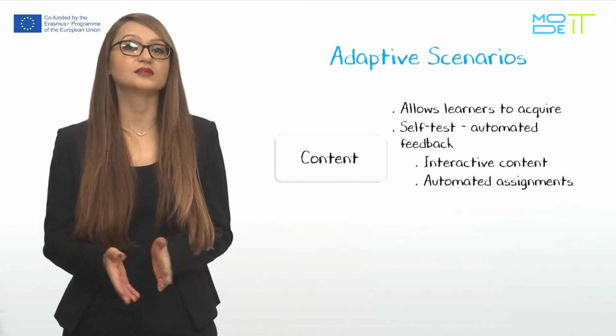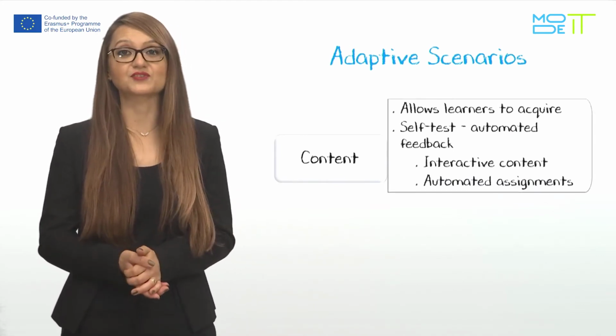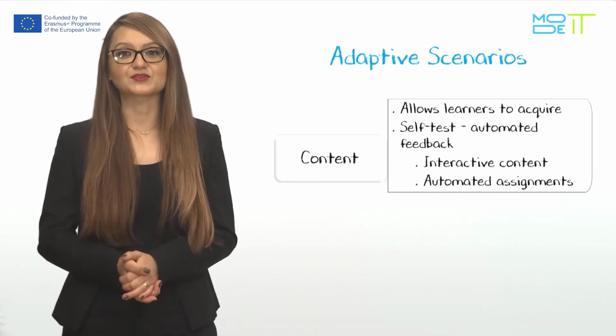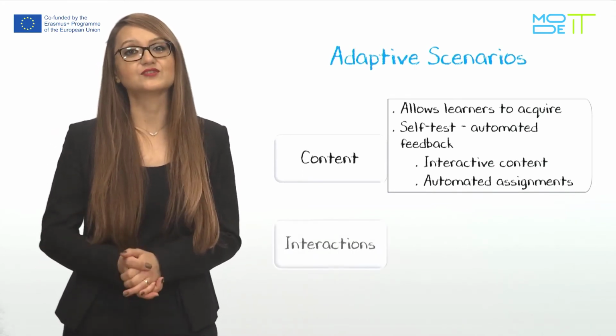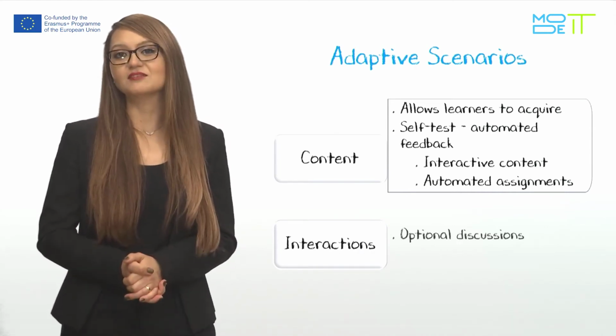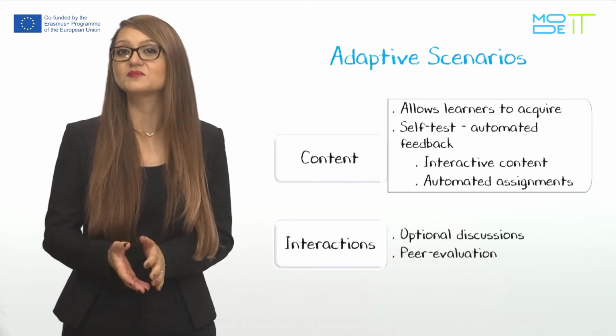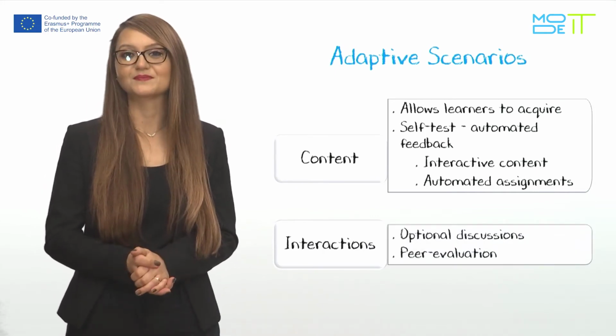Nevertheless, this alone will not satisfy the active participants and drop-ins who seek social interactions. To motivate this group, you can add optional discussions to provide chances for interaction, add peer evaluation assignments, and even use social networks. The point is to present multiple scenarios to complete the MOOC.